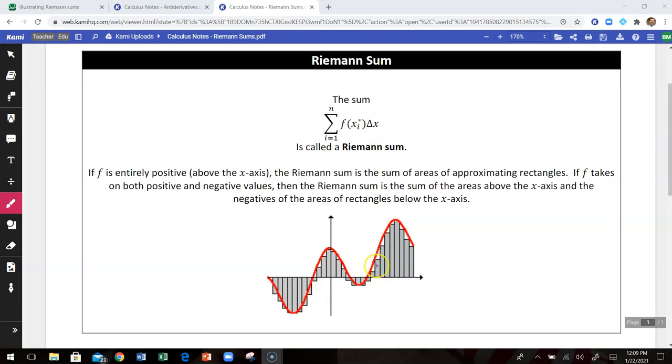Height times width gives us the area of each one, and then we add up all those areas, which gives us an approximation of the area underneath the curve.